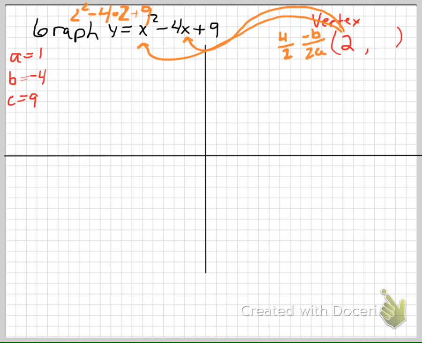And that's just simple arithmetic. 2 squared is 4. 4 minus 8 is negative 4. Plus 9, I get 5. So our vertex for this parabola is at the point 2, 5. Everybody with me?